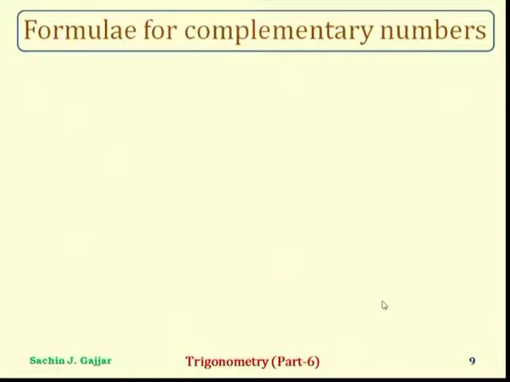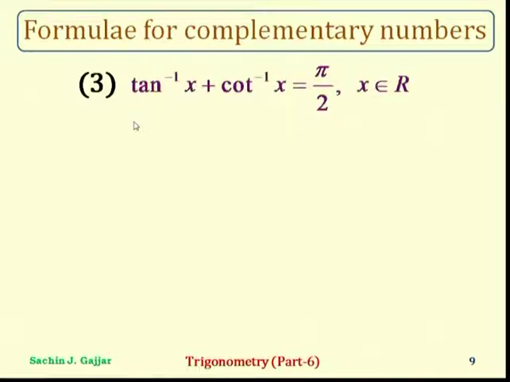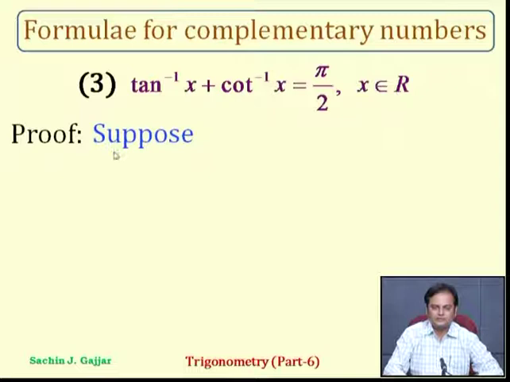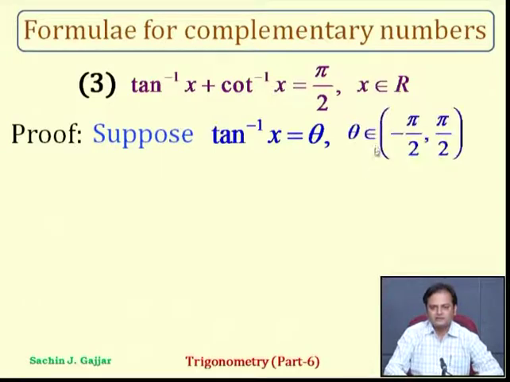Now let's prove the result 3. Tan inverse x plus cot inverse x equal to pi by 2, where x belongs to R. So proof, the same proof is here. Suppose tan inverse x equal to theta, and where is theta? Theta belongs to open interval minus pi by 2 to plus pi by 2.